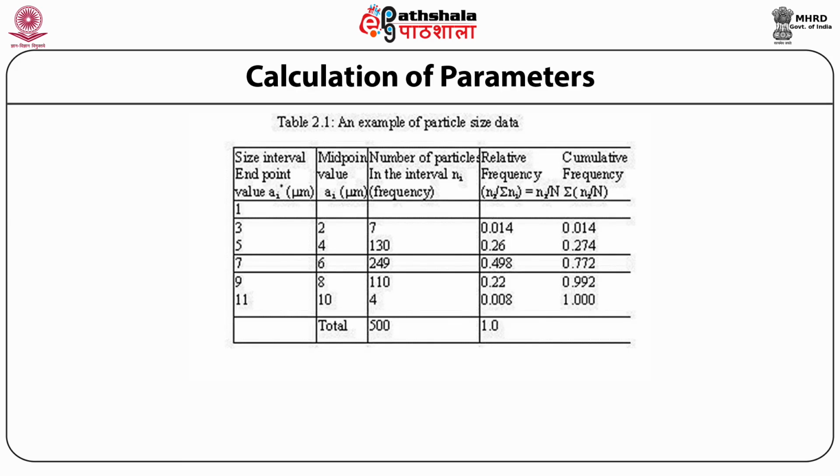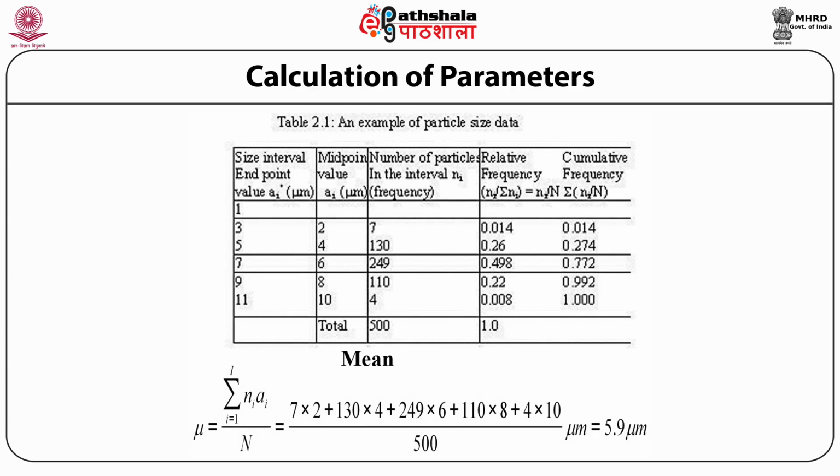We are calculating the mean first. As discussed earlier, mean is given as mu. Mu is equal to summation i goes from 1 to capital I, Ni Ai divided by capital N. From the table, we can see that it comes out to be 5.9 micrometers.